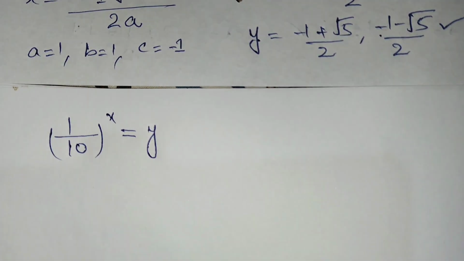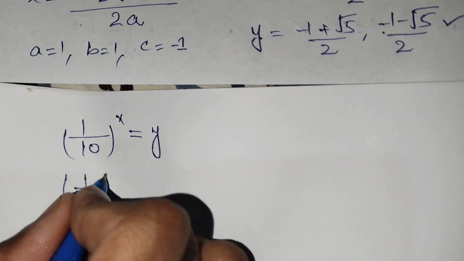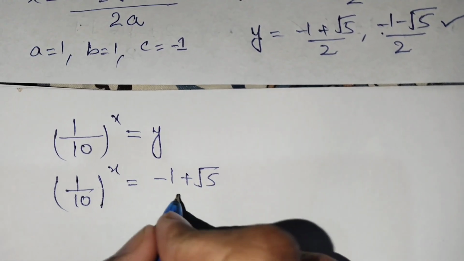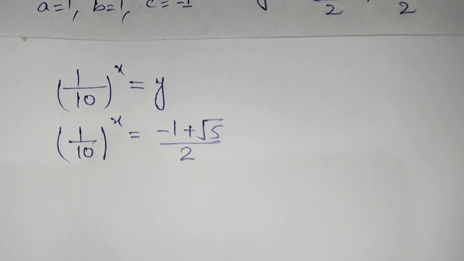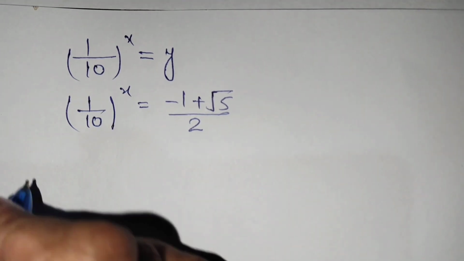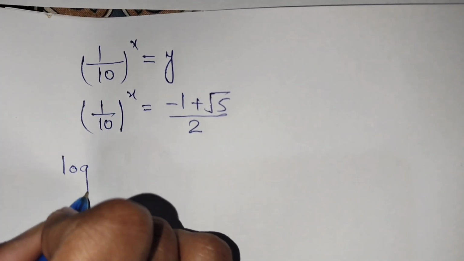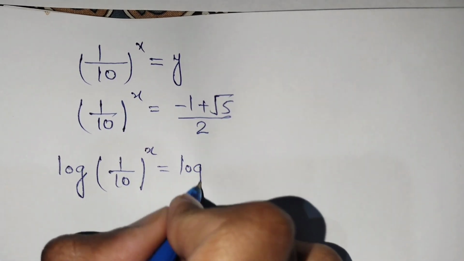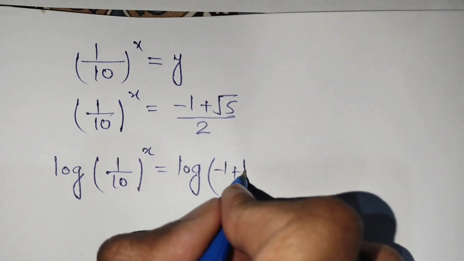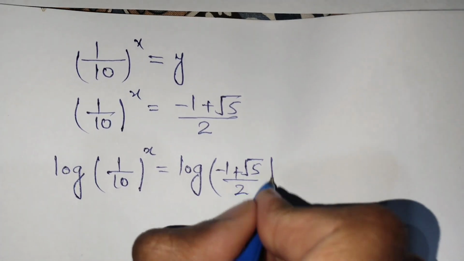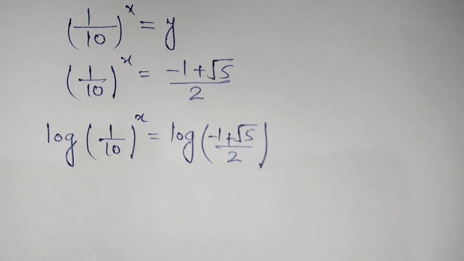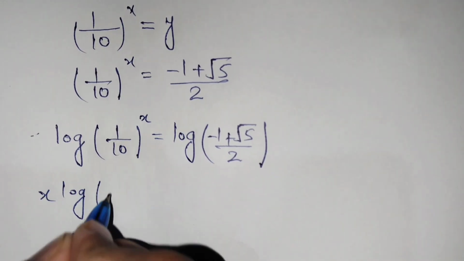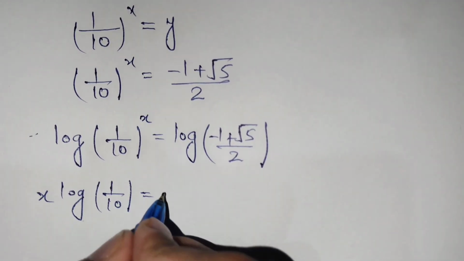What is y? 1 divided by 10 whole power x equals minus 1 plus square root of 5 divided by 2. Take log on both sides. Using the power rule of log, it will be x times log of 1 divided by 10 equals the log of that term.